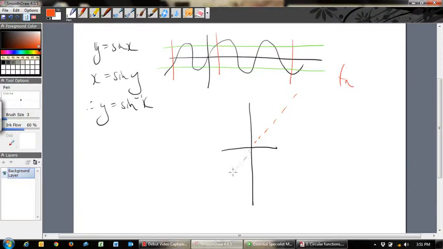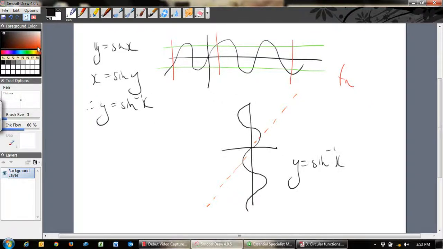So if you've got this line y equals x on your axis here, then it just flips it altogether. And so what you actually get, let me try and draw it the best I can, actually goes like this. It goes up and down like this sort of thing. And so that is what y equals sine negative 1 x looks like.